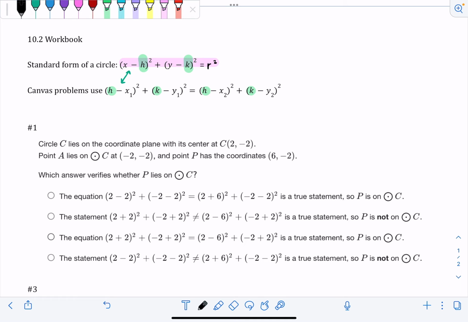So for example, if I did 3 minus 1 squared, 3 minus 1 is 2 squared, and then 2 squared is 4. Versus if I switch the order, it'd be 1 minus 3 squared, and then 1 minus 3 is negative 2 squared, and then negative 2 squared is positive 4.